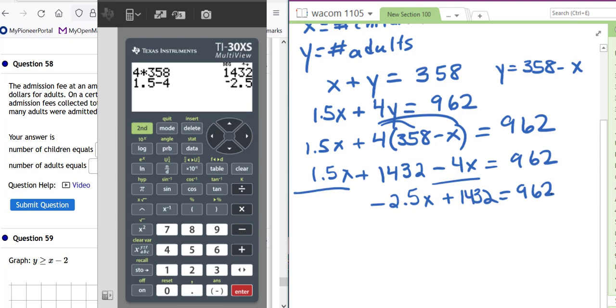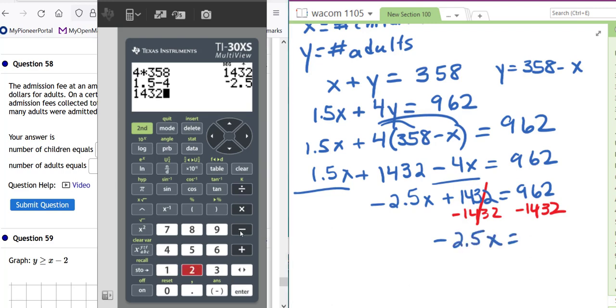All right, now we're going to subtract 1432 from both sides. So 1432 minus 962, and that will give me negative 470 because I know the larger.